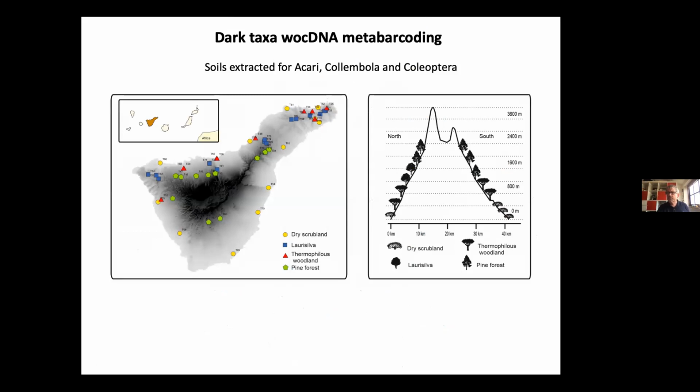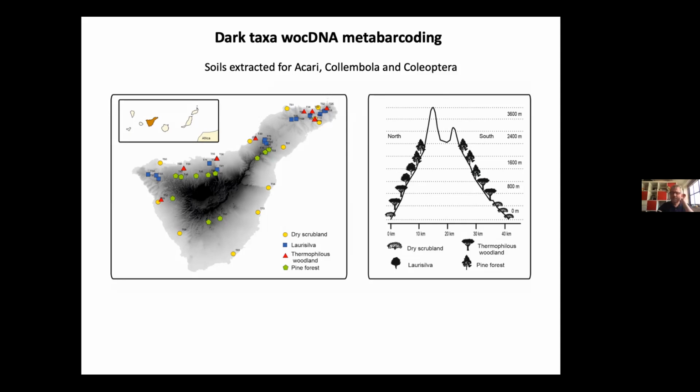What we have been doing is applying this tool to broader samplings across the island of Tenerife, with the idea of getting a handle on what we can call the dark taxa, taxa that we normally can't work with because they're just so difficult. Things like collembola and mites, where there's tremendous amounts of cryptic speciation, morphologically very hard to work with because of their small size, and very hard to work with because of their really high local abundances.